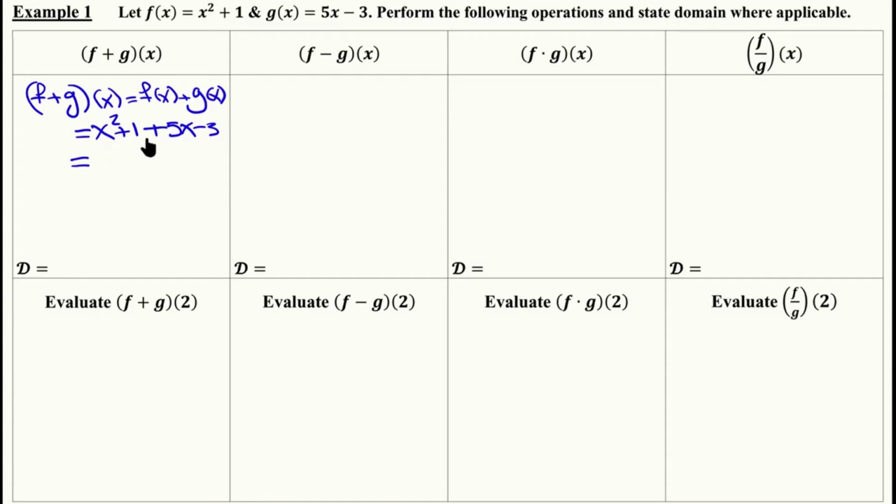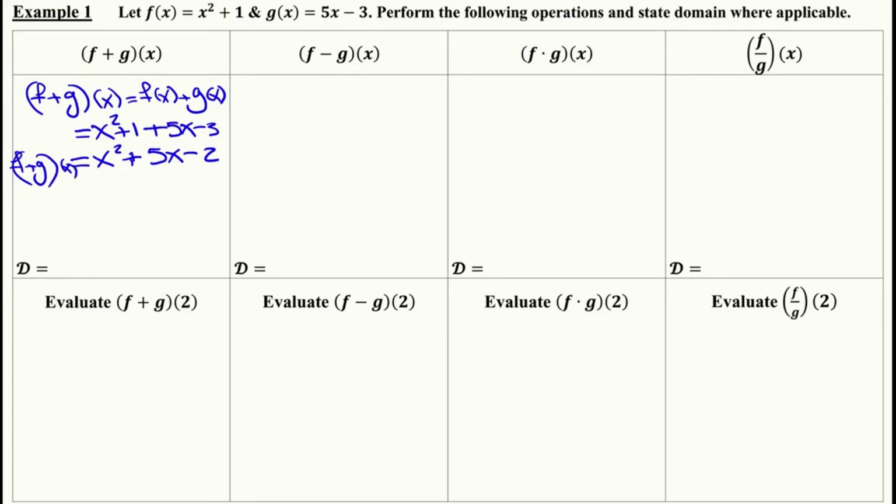And we know that the only like terms are the 1 and negative 3. So we end up with x squared plus 5x minus 2. And this is basically what is meant by f plus g of x.